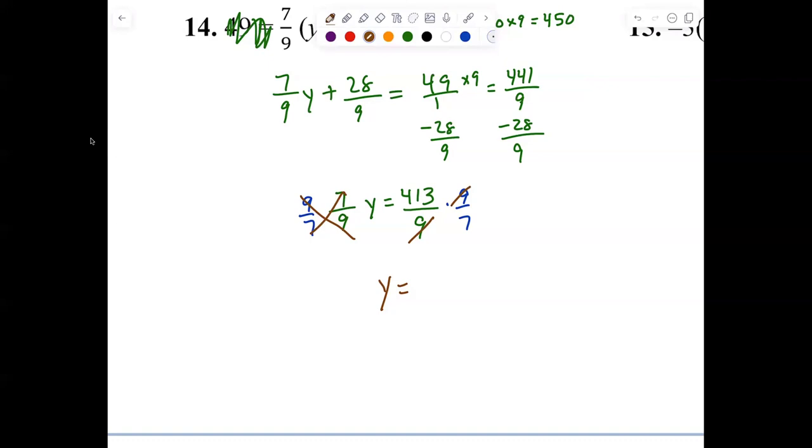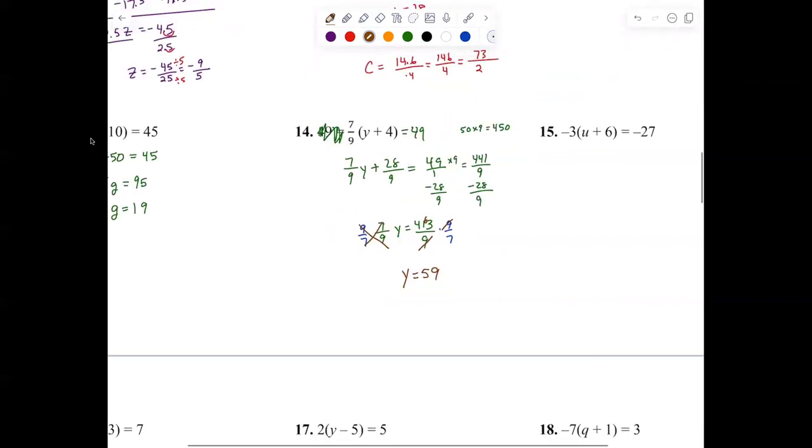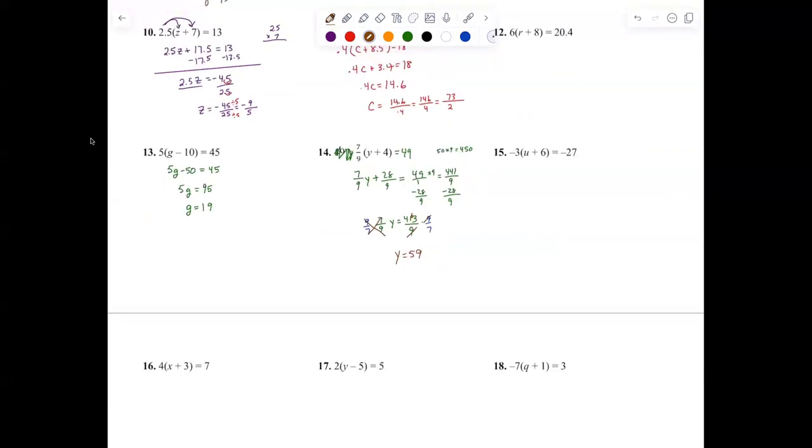How many left over? Good job. 6 goes in the corner. How many times does 7 go into 63? Thank you, Jackson. 59 is good. That was kind of hard. I was happy for you on that one. Good work. Hopefully you're staying with me.